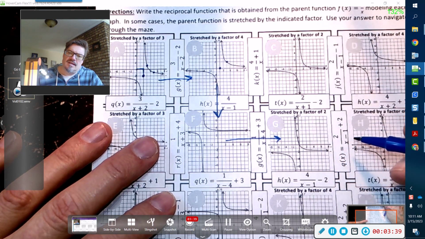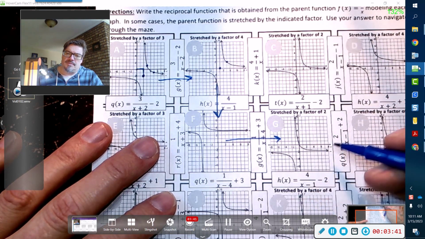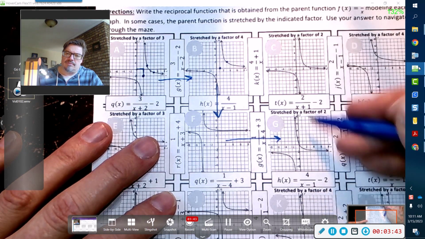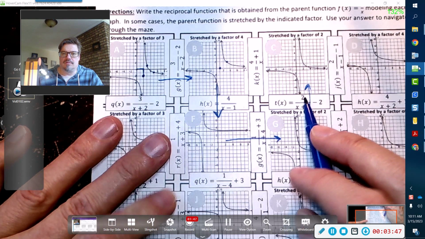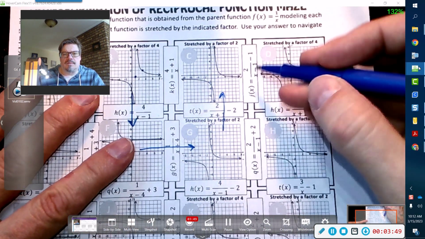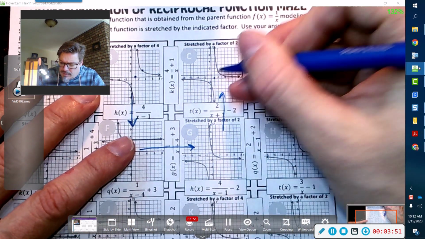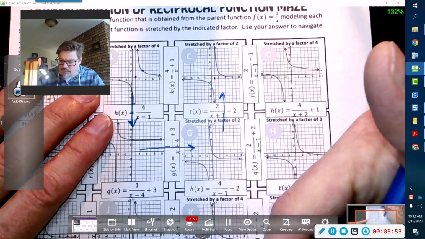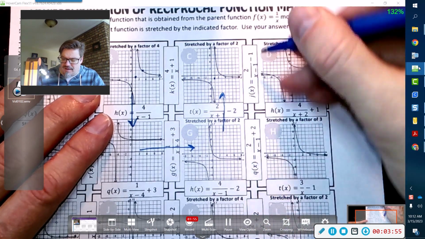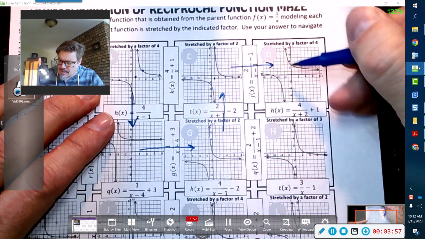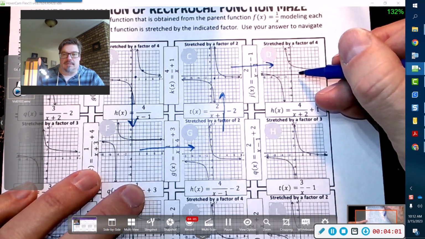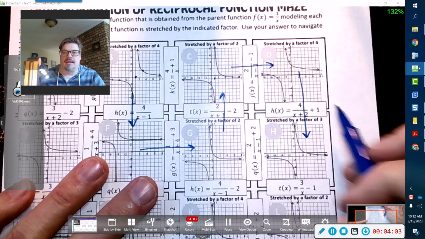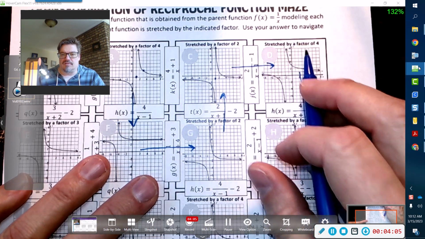This is left 1, up 2. I'm sorry, right 1, up 2, right 1, down 2. So this is it. Still got a stretch factor of 2, so that's why the 2 is there. This one right here, it looks like we are over 1, then down 1. We're over to the right 1, down 1, stretch factor 2. That's this. We are to the left 2, up 1. Well, this is it. Okay, has to be. And then also stretch factor of 4.